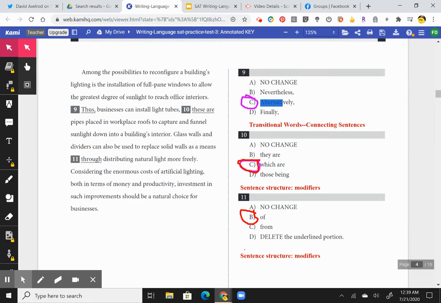Number 10, these are pipes. Can install light tubes. These are pipes. So it's asking what type of modifier we need here. It's a continuation of a sentence, so we definitely need something that's going to connect these clauses, these dependent clauses.